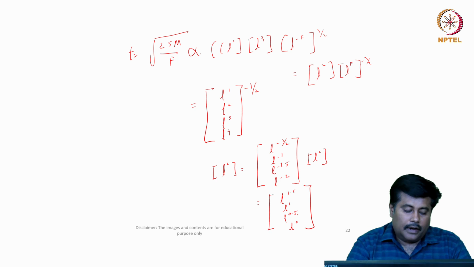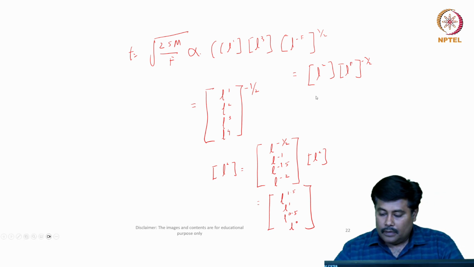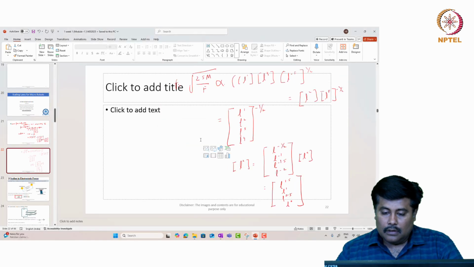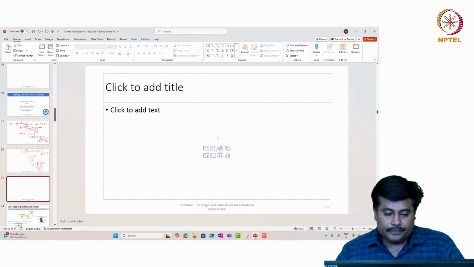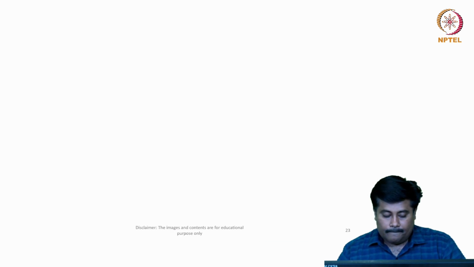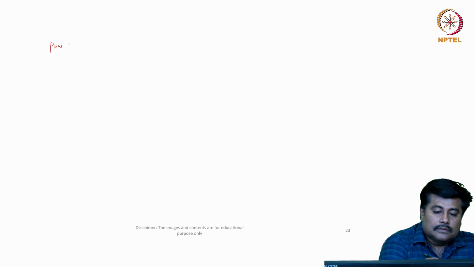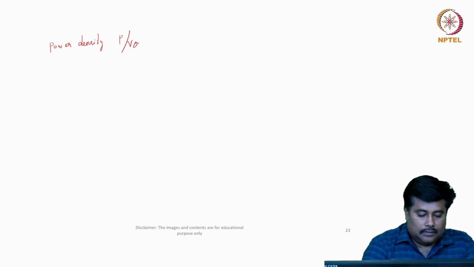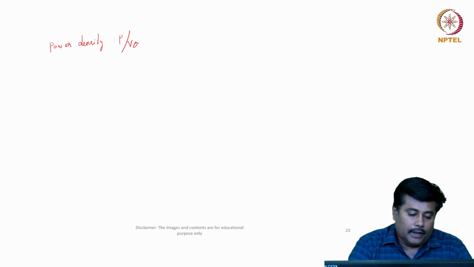Similarly, if we consider the power density, P by V naught, power is a very important parameter in the design of such micro robots.